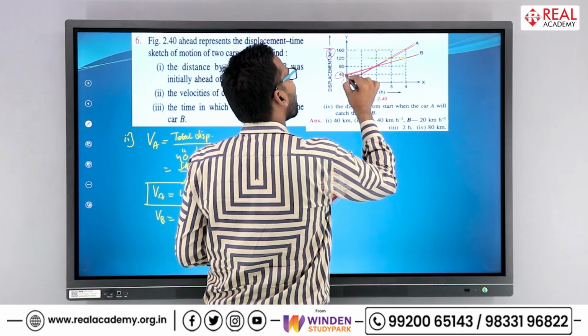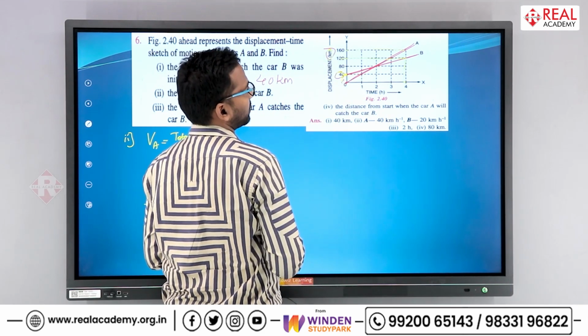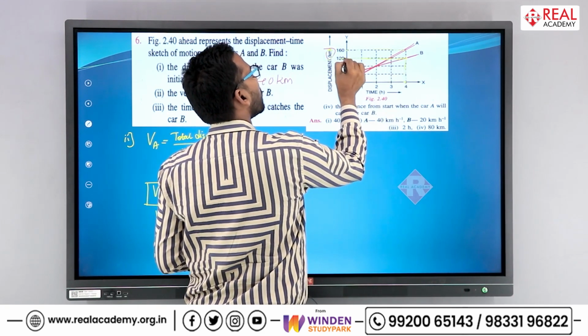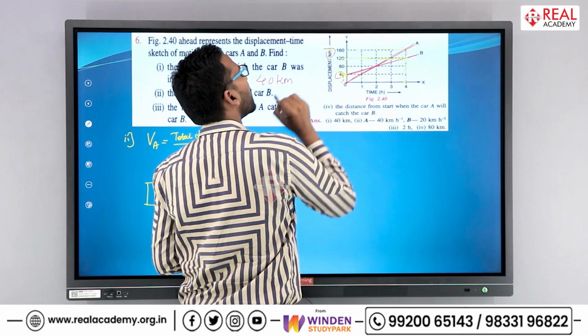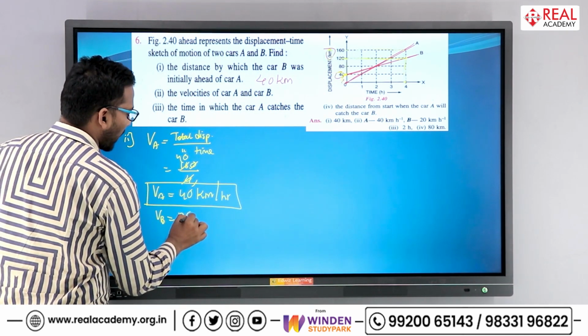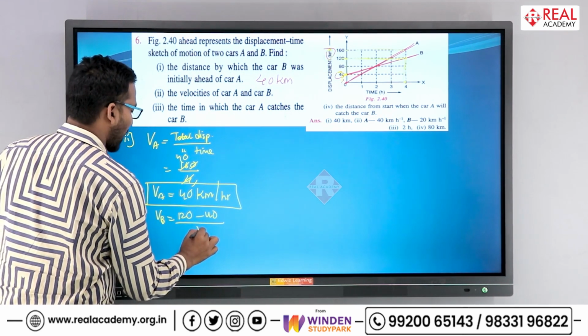For VB, the initial position is already at 40 kilometer, right? So for 4 hours, the total displacement is 120 minus 40 upon 4 hours.